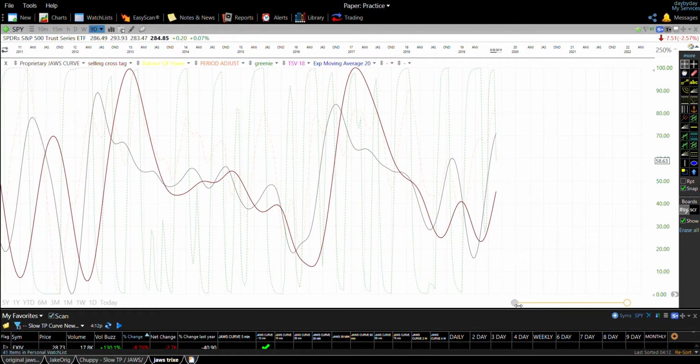What immediately jumps out to the eye is that we have a cycle that has a trough here that has a morphing red curve to the upside. That's what we're looking for. And we're looking for the gray curve roughly to have this morphing shape.